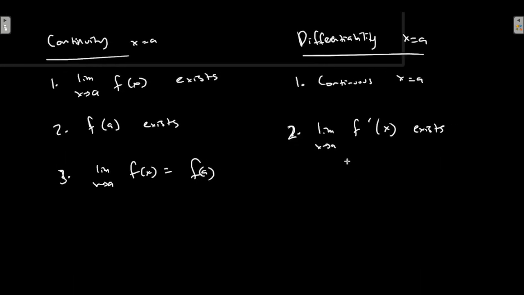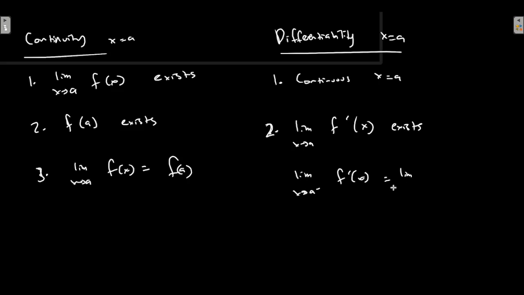This could be done by taking the one-sided limits. So the limit as x approaches a from the negative side is equal to the limit as x approaches a from the positive side. And if this is equal and the function is continuous at x equals a, that means x equal to a for f of x, that point is differentiable.